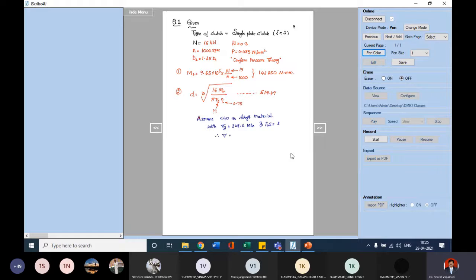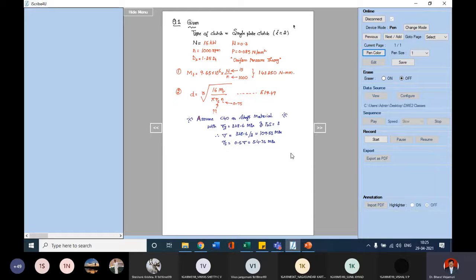Therefore sigma is equal to 328.6 divided by 3, which is around 109.53 megapascals, and tau s is equal to 0.5 times sigma, which will be 54.76 megapascals. This has to be written every time in the exam because only one problem will be solved in the examination, so have a habit of writing this.